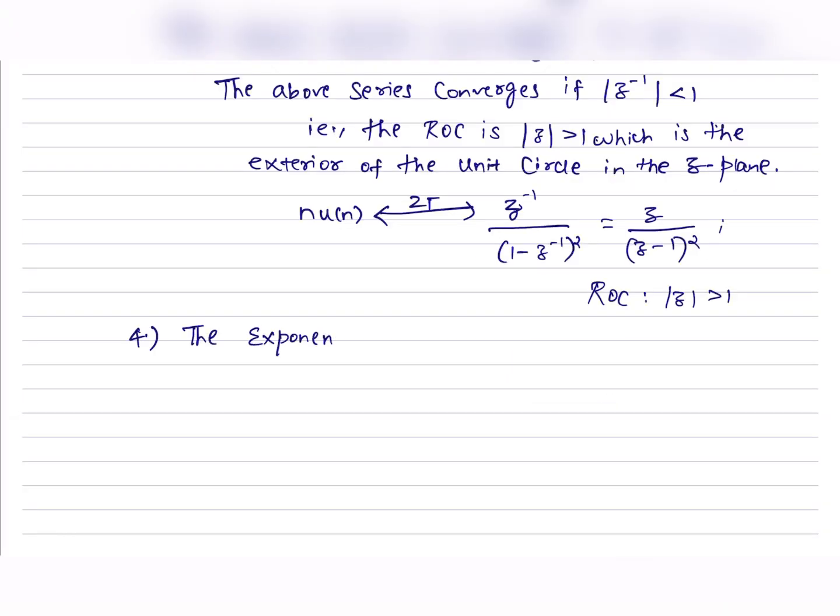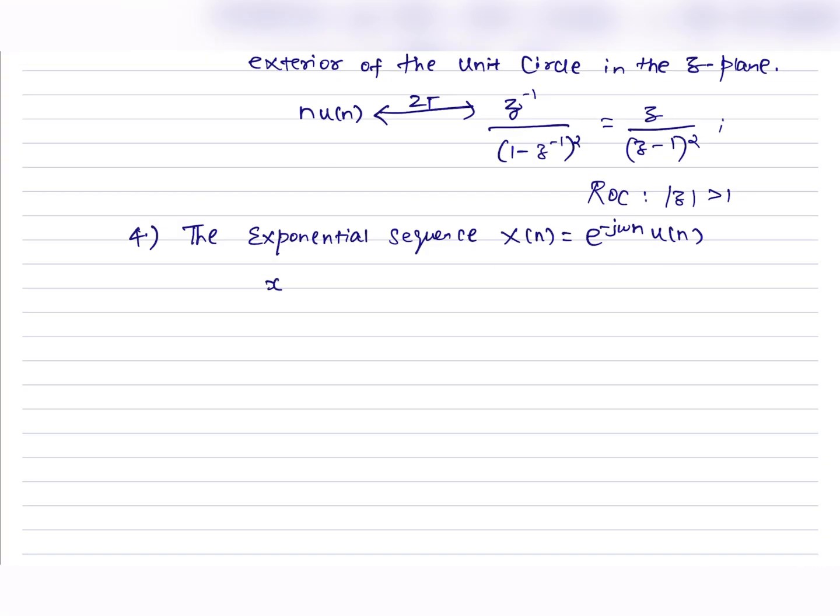Now let us go with the next concept, the exponential sequence x of n equal to e power minus j omega n into u of n.